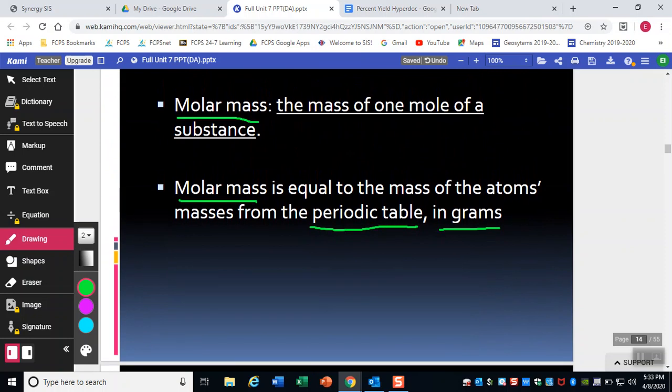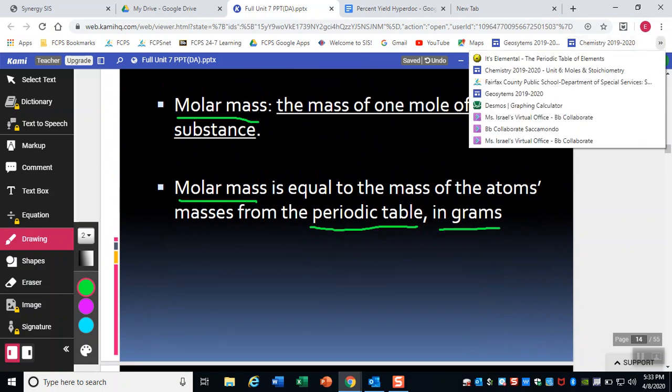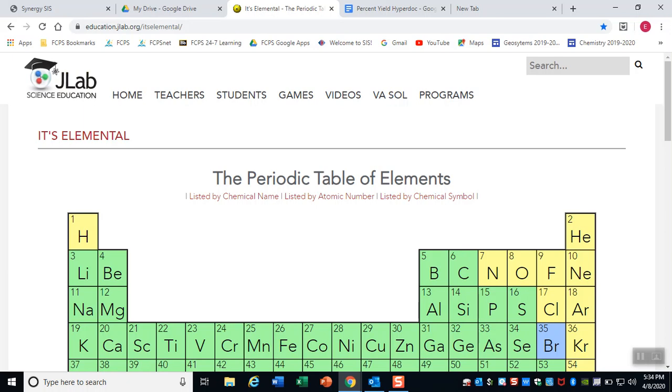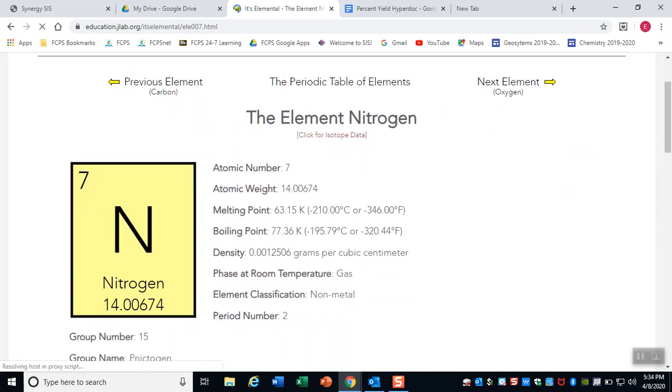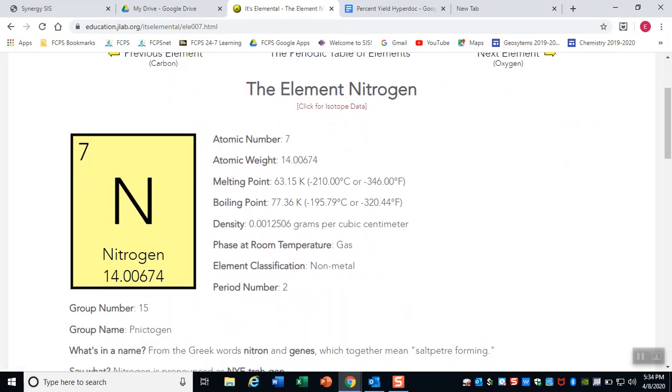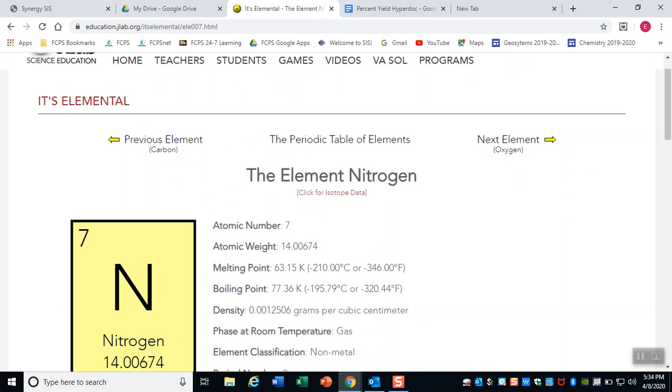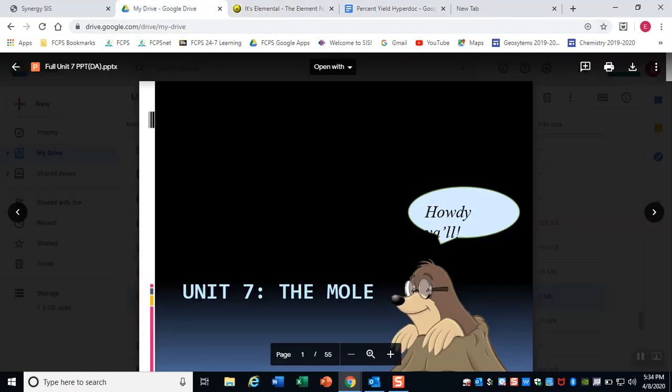So, for example, let me go ahead and put up my periodic table here. Oops, I did not want to do that. The molar mass of, if I'm looking at nitrogen, all right, the atomic mass is 14. I'm going to go ahead and just round that. I would round down to 14. Let me see if I can get that back.